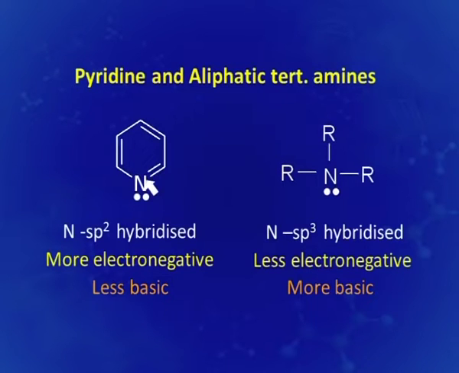So, it becomes less basic. Whereas in the case of aliphatic amines, this being less electronegative lets the electron pair present on the nitrogen go to the substrate and becomes more basic. So, we can say that an aliphatic amine is more basic as compared to an aromatic amine like pyridine.